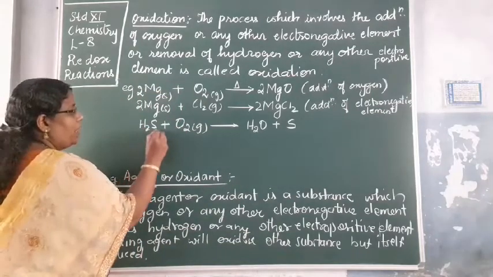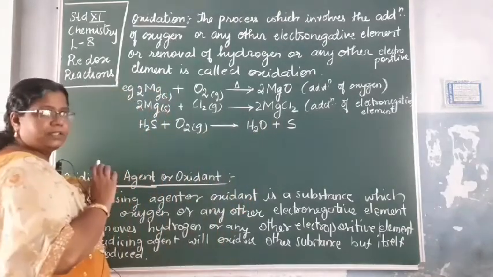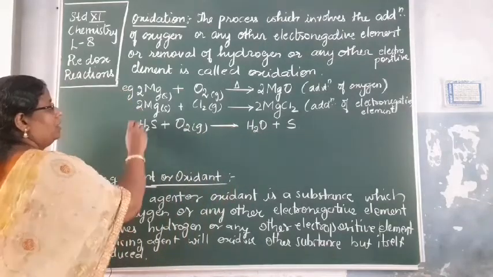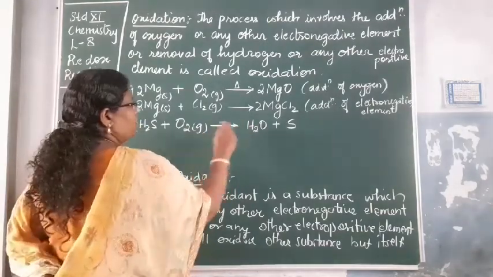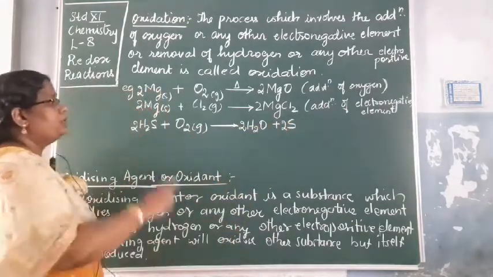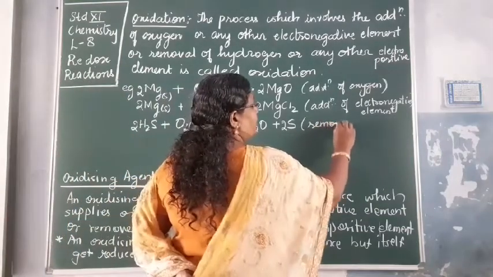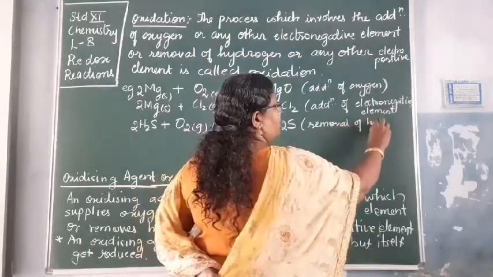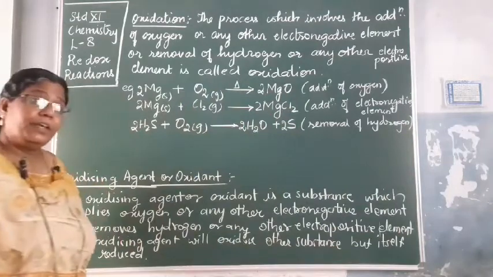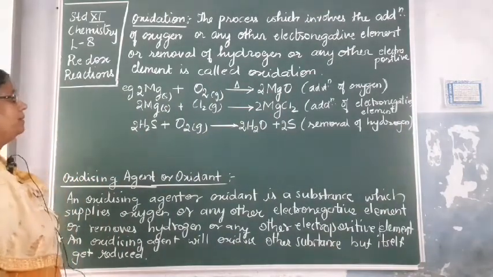You have removed hydrogen from H2S and it has now got converted to S. तो यहाँ पे removal of hydrogen is taking place. Okay, balance it because here there is 2 oxygen and you can write here 2 sulfur. So here the removal of hydrogen has taken place. Therefore it will be termed as oxidation reaction. ठीक है?